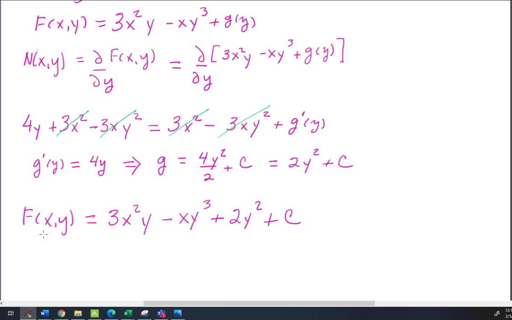So there is the f, and the original differential equation was exactly the derivative of f with respect to x. So we've solved the original differential equation, and we should be congratulated.